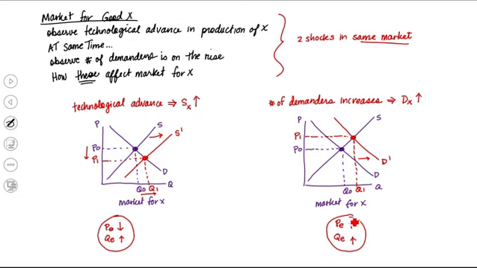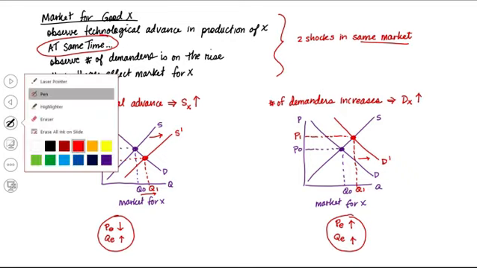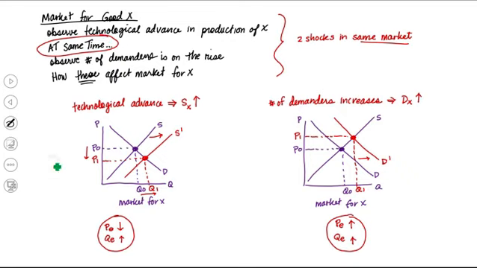All right. Now, the next step is really important because we've said that these two shocks have happened at the same time, right? It wasn't one after the other, but basically at the same time period. So now what we have to do is combine our two effects.